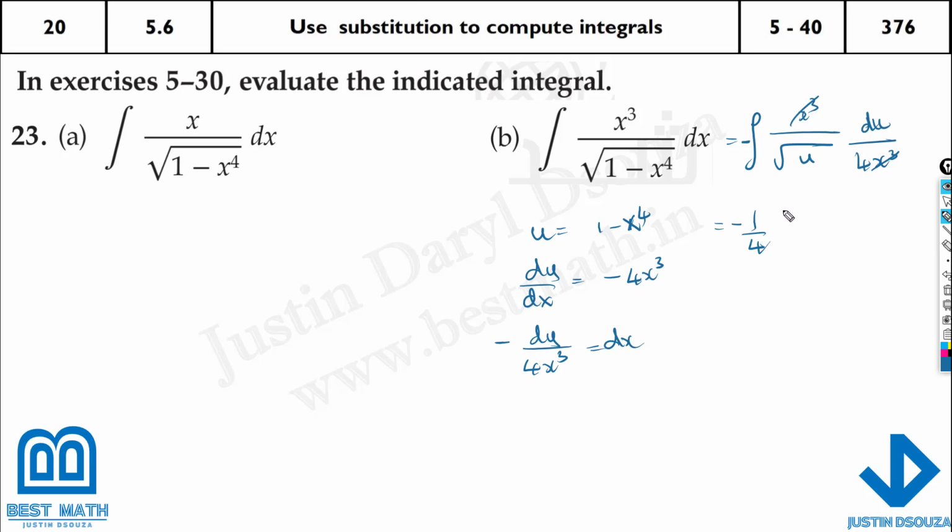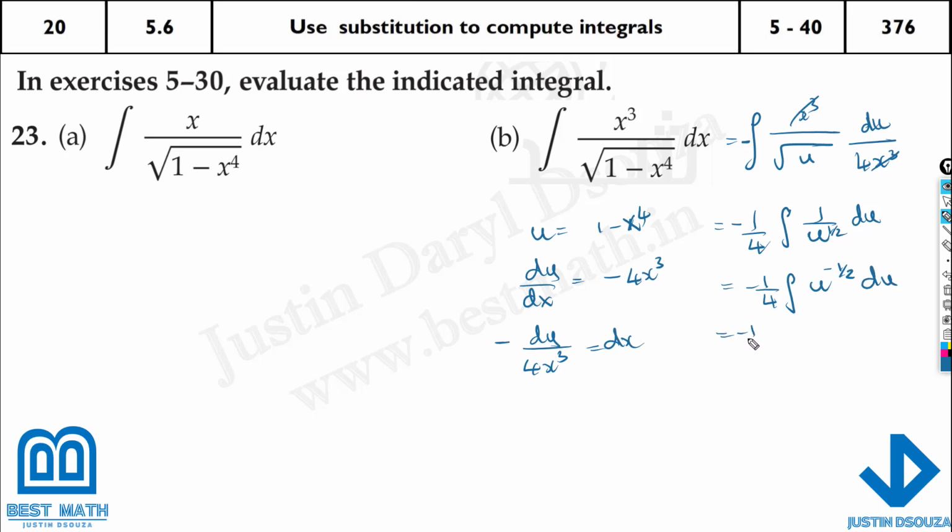I'm going to write this out. It's the integral of 1 by square root u, which is 1 by u power half, so it's u power negative half du, because I'm just going to get it to the numerator, so the power becomes negative. And then you have du.